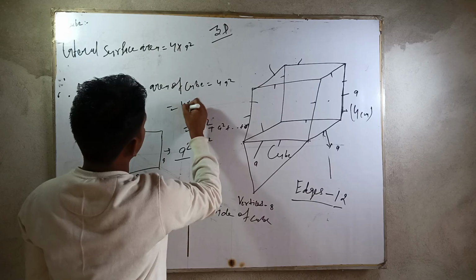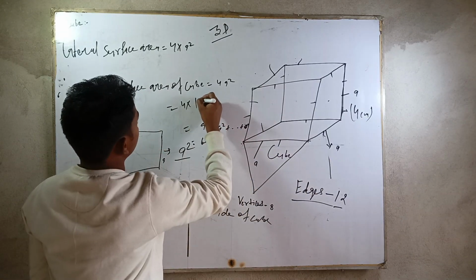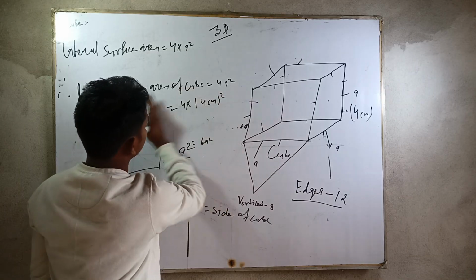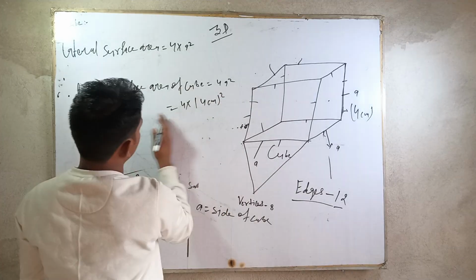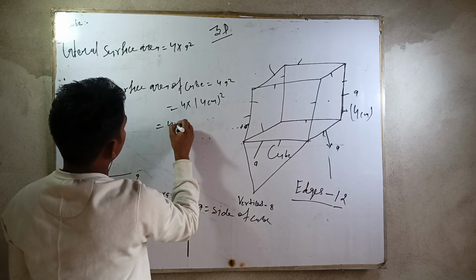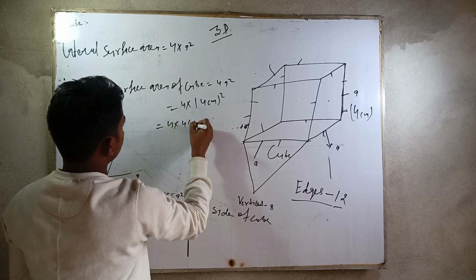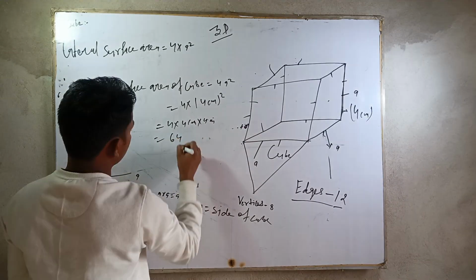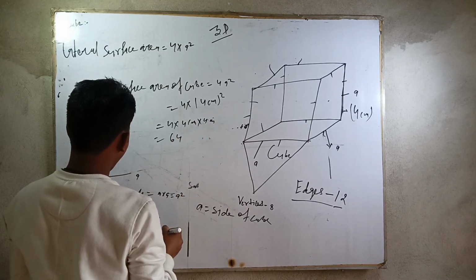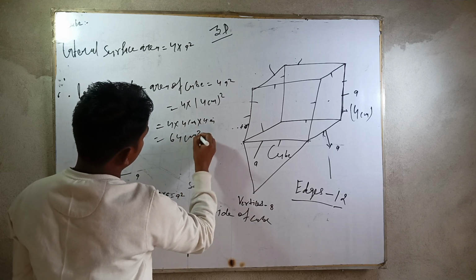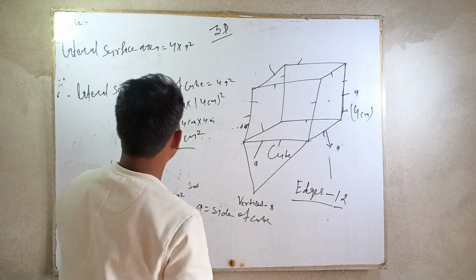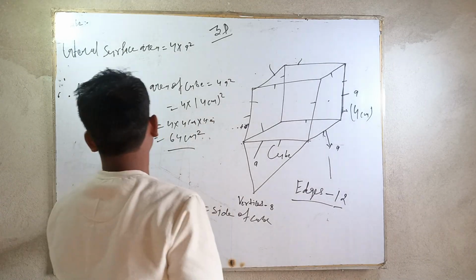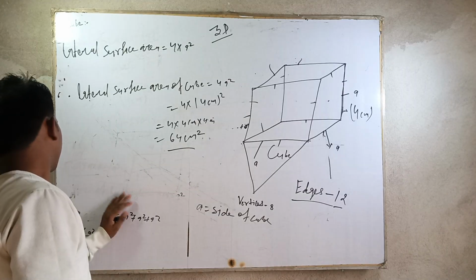If I replace the value of a with 4 centimeter, then it will be 4 cross 4 centimeter cross 4 centimeter, that means 64 centimeter square. So if this is given, then I can find its lateral surface area.